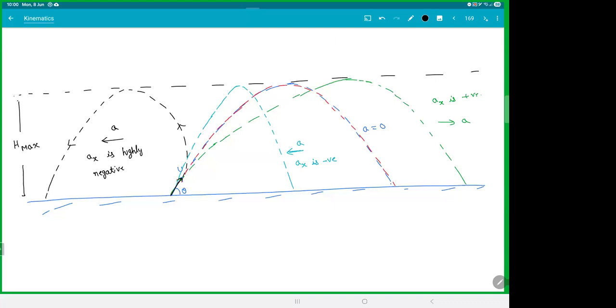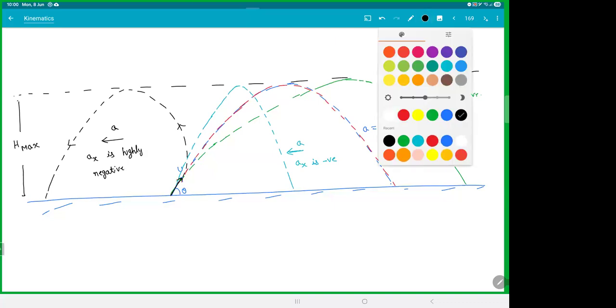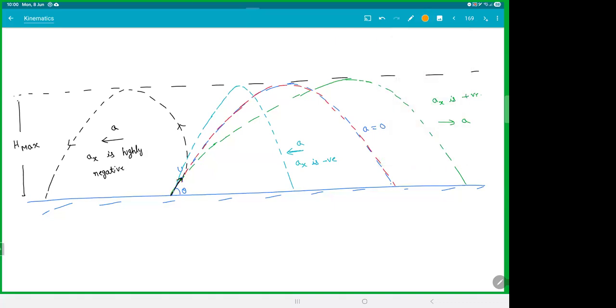Now in all this, there is one special case. If the wind blows at a certain angle, you will just go straight, touch the black line and come back. This is the case where your tan theta is equal to A by G. Or you can say if the wind blows with A is equal to G tan theta backward, along the negative x-axis, you actually go in a straight line and you come back.